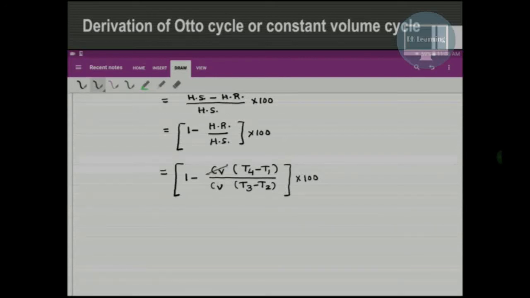So this Cv will get cancelled out from the numerator as well as from the denominator. So we are left with the expression in terms of temperatures. So it is 1 minus (T4 minus T1) divided by (T3 minus T2), multiplied by 100.